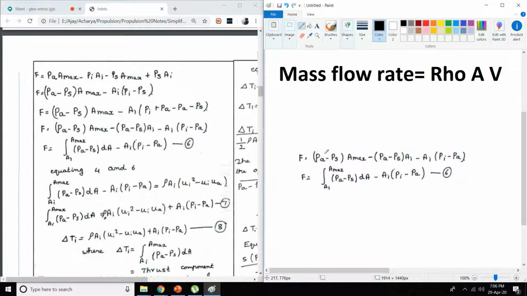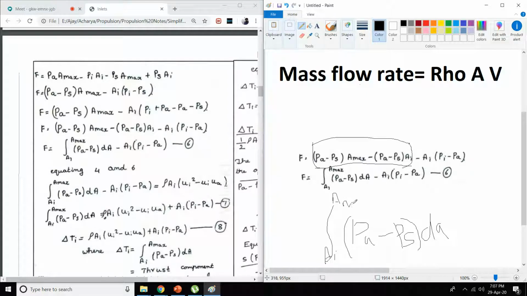So if you look at these two terms, this term and this term, it can be written as an integration form of PA minus PS into DA if you integrate it from AI to Amax. Correct?